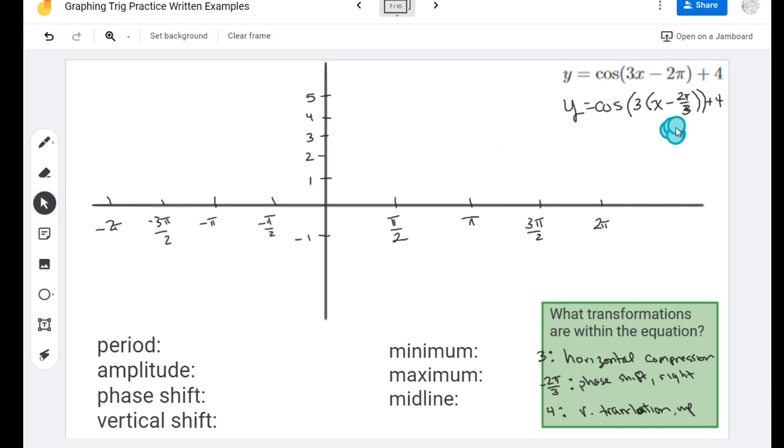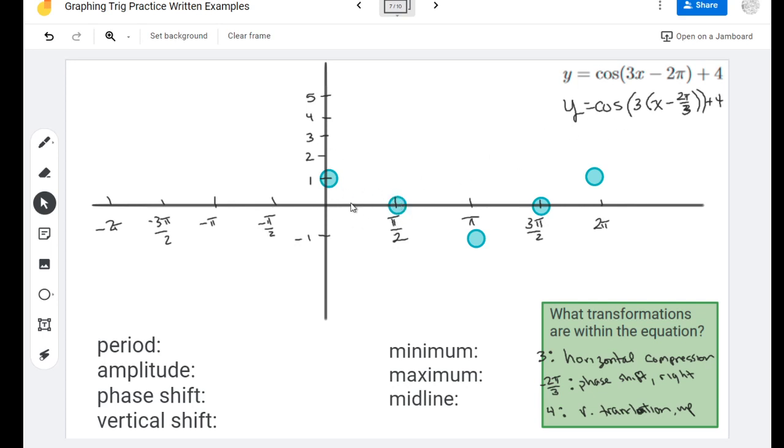So this is a cosine function, so you need to make sure you have your little cosine U shape. Alright, and I'm just going to deal with all the multiplication stuff before any of the addition stuff. So this 3 is saying that I'm going to take each of these points and cut their distance to the y-axis into 3.